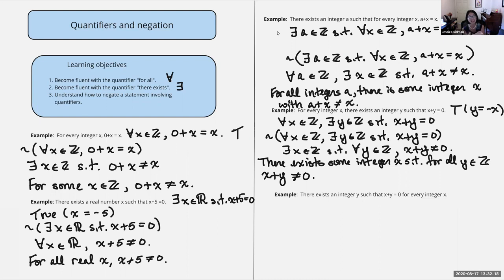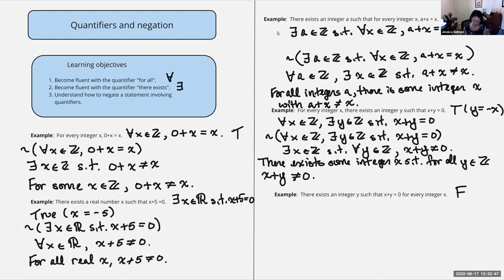And it's not the negation, so it's a different thing entirely. So this statement, there exists an integer y such that x plus y is 0 for every integer x, is false, right? This is not something that's true. If you have an integer y and x plus y is 0, there's only one x that's going to work for it. It can't be true for all the x's, right?